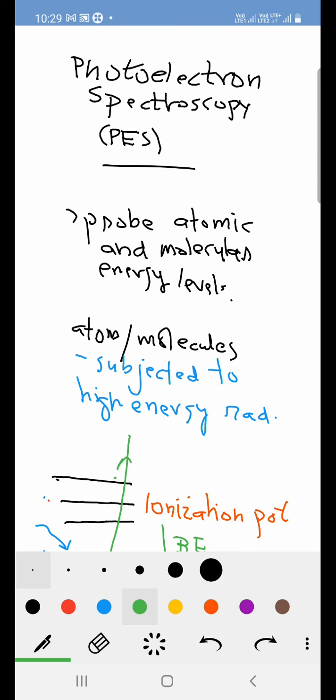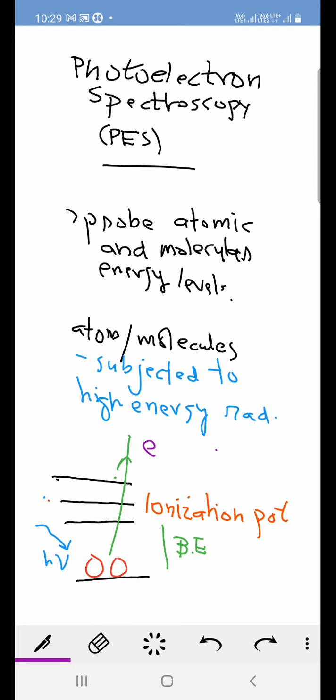And the electrons ejected, and these electrons have different velocities depending upon from which energy level they are coming. Now, what actually the photoelectron spectroscopy does, it measures the velocity distribution of the released electrons.